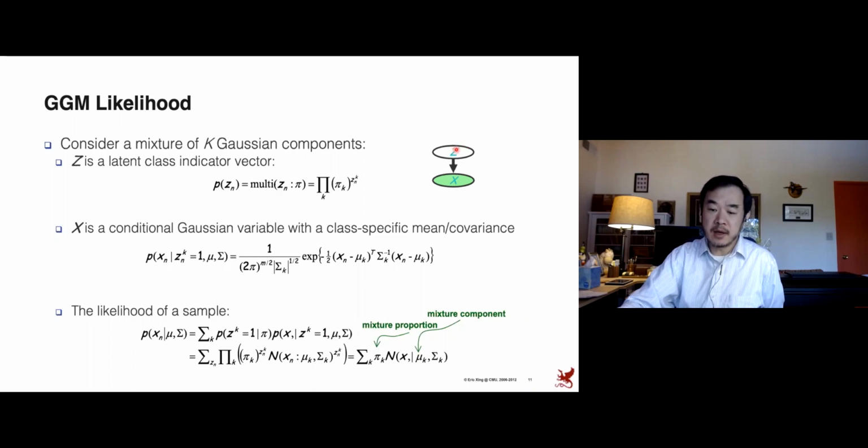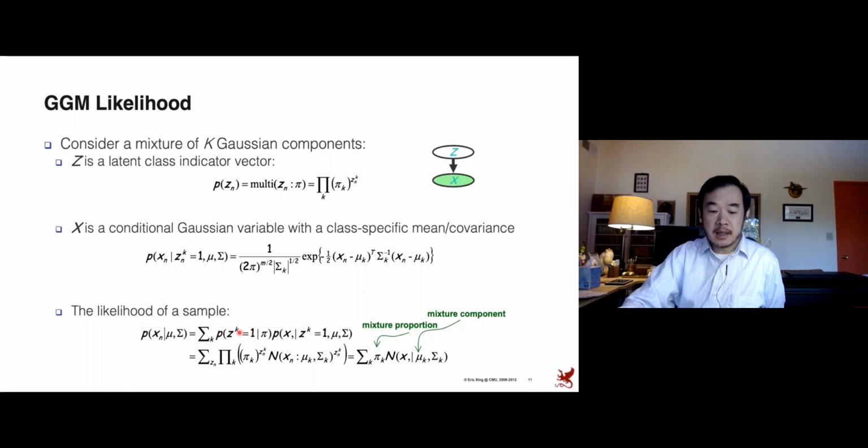Z is not observed. You only observe x. Therefore, we need to do one step known as the marginalization of the z. Basically, we sum over all possible values of the z so that the z will be eliminated from the joint distribution to make it into a marginal distribution of x.